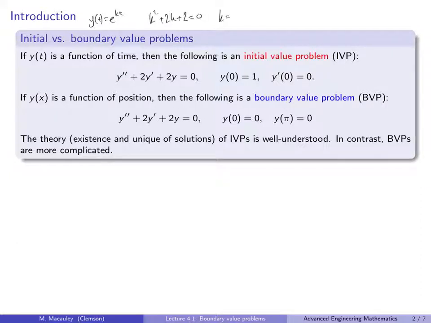So we get that k equals negative 2 plus or minus the square root of b squared minus 4ac, that's 4 minus 8, over 2, and that's negative 1 plus or minus i.